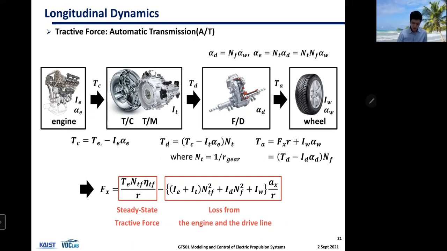Here, I'm just going to show you a quick summary of powertrain model for conventional engine powertrain. Conventional powertrains usually have an engine, torque converter, and transmission, and then final drive connected to the wheel.